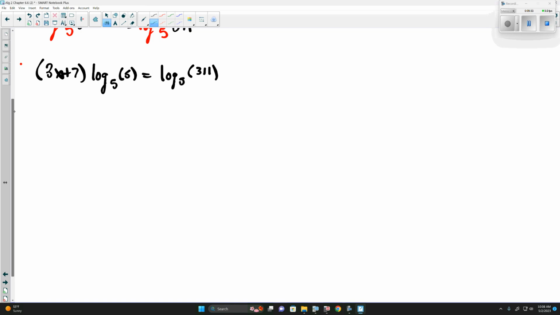And as we know already, log base 5 of 5 is the same thing as 1. And if we multiply anything by 1, so (3x plus 7) times 1 is just 3x plus 7, is equal to log base 5 of 311.